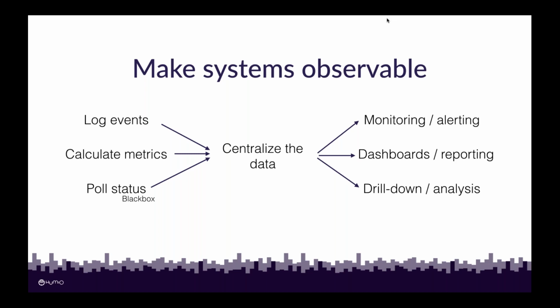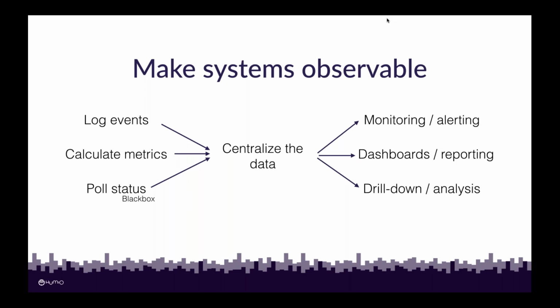So given the ways in which we gather and create information about our running systems, we centralize that data, and then we use it for three things. We use it for monitoring and alerting, so that we can very efficiently discover when there are incidents.